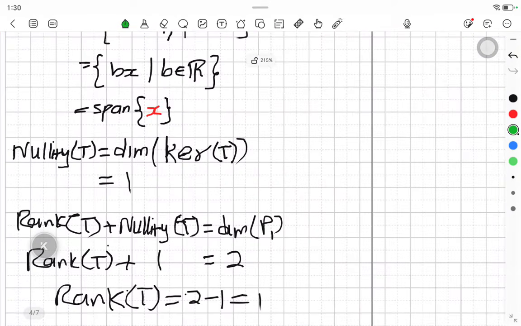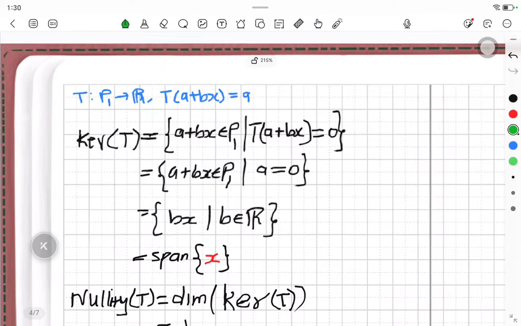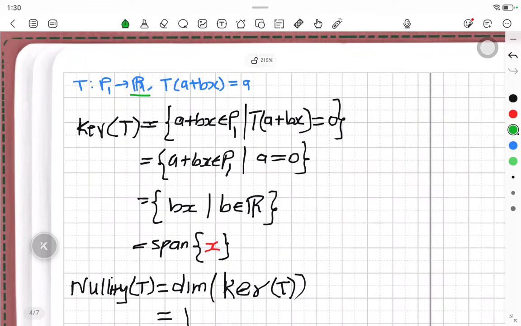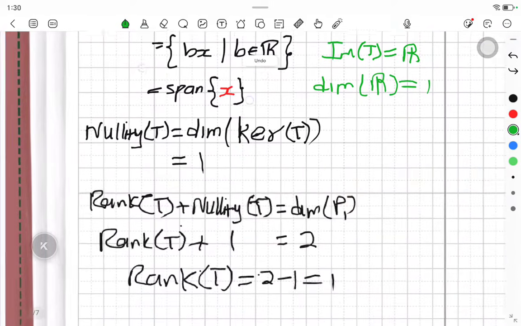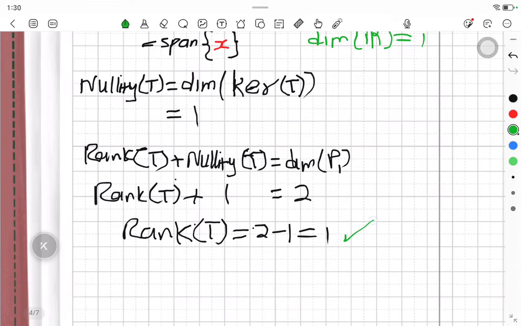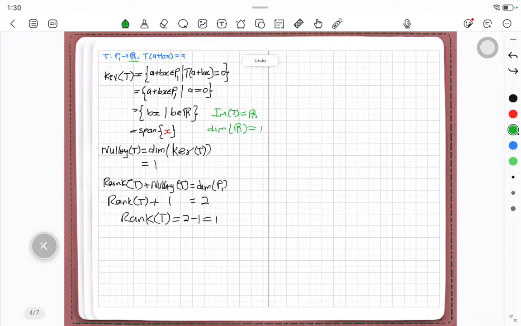Now we come to this one. The rank, we found 1. But if we check here, the image of T is also R, meaning that the dimension of R is 1, and that is the rank. So we can always confirm the rank, right?